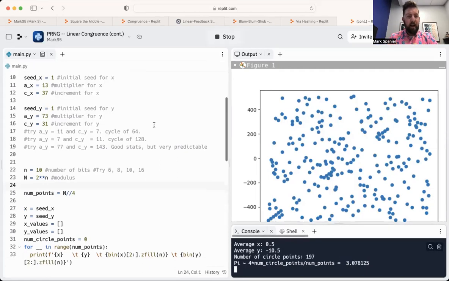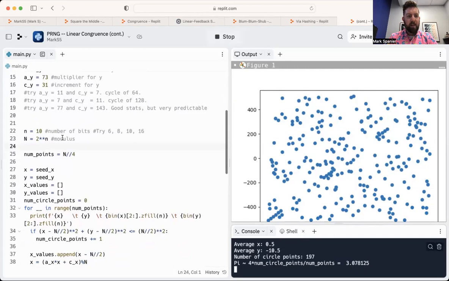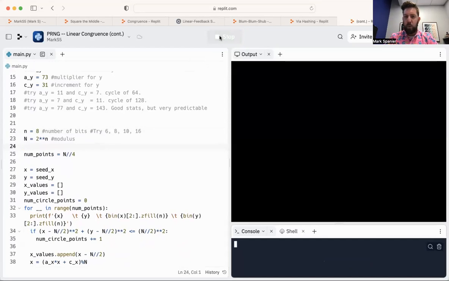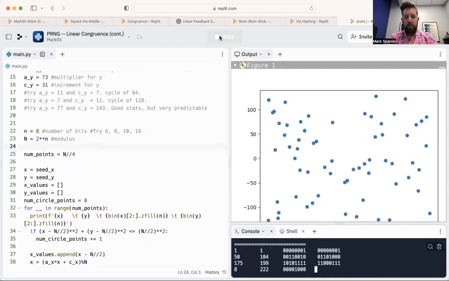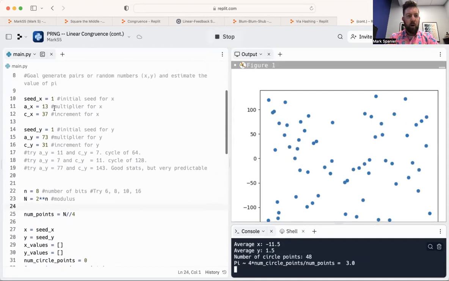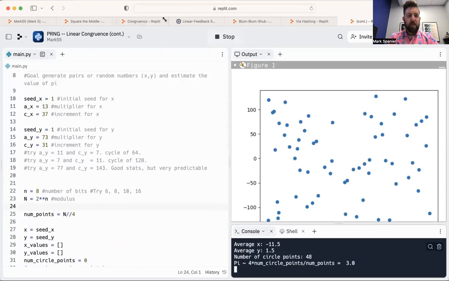A couple of things I'm mentioning that we should maybe try running is trying things out with parameters that might not have as good stats. So if I go back to this 8, these seeds of 1 and 13 and 37 were some of the ones we saw before.